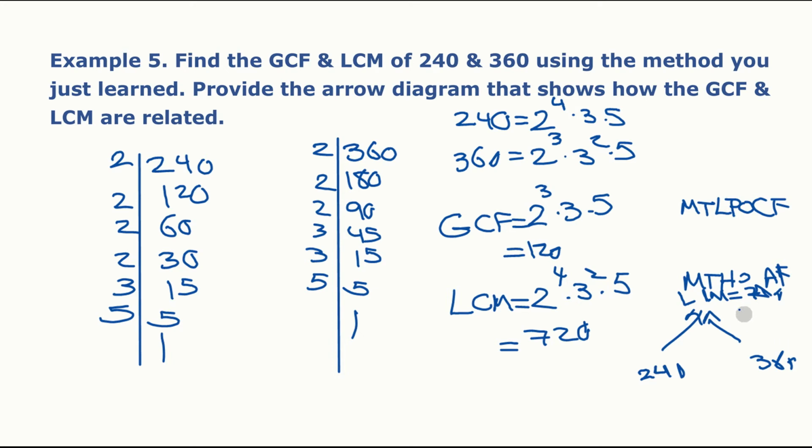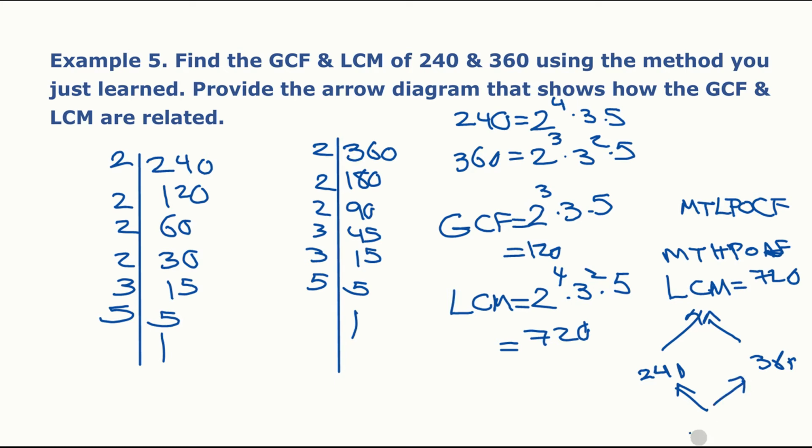Let's see, this is not cooperating. Give me 1 second to fix this pen. All right, so I think it's working again, and here we have the GCF down here, which is 120.